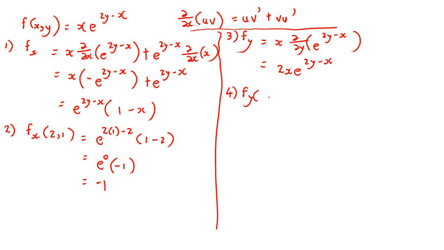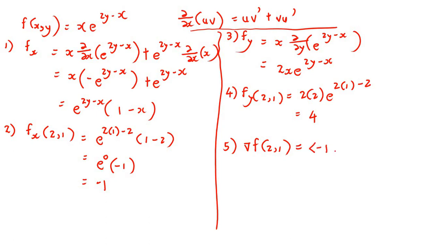Evaluate fy at the point (2, 1): plug in x is 2, y is 1. You have 4, because e^0 is 1. So now the gradient vector at the point (2, 1) is negative 1i plus 4j.